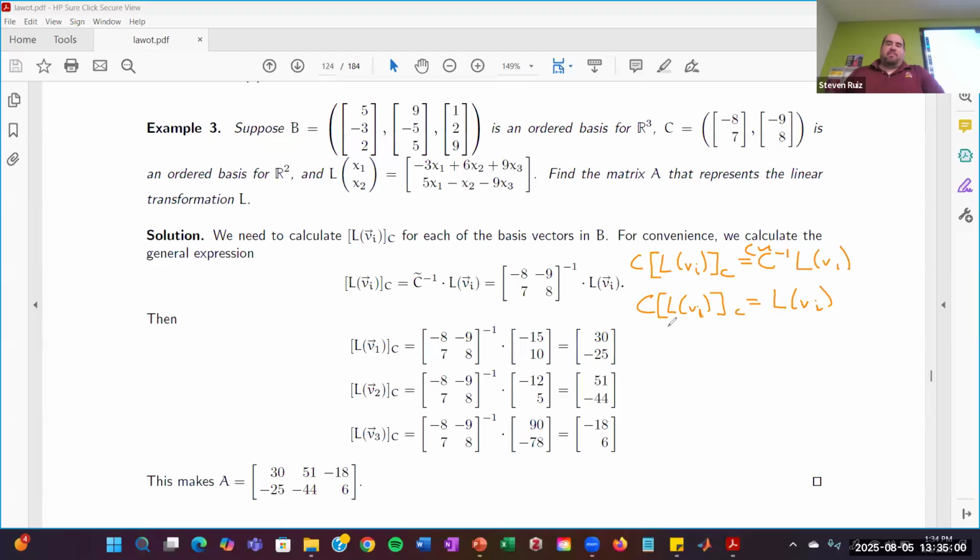So essentially what's going on here is this right here. These are the basis vectors from C. And if I multiply those by C, I get the transformation in the standard basis.